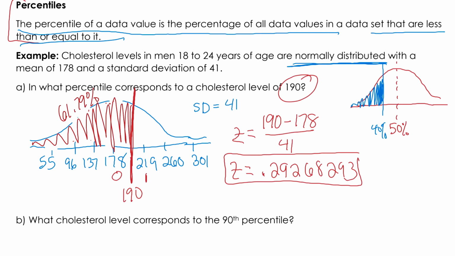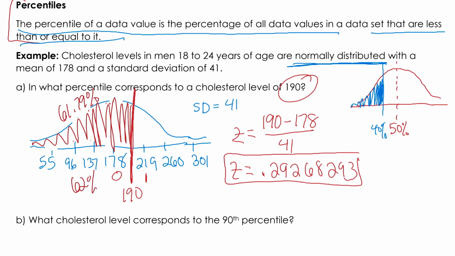So being in the 62nd percentile means, in this case, where we're talking about this problem with the cholesterol, 62% of men between the ages of 18 and 24 years have a cholesterol score at 190 or below. I can figure out what percentage is above 190 by just subtracting from 100.